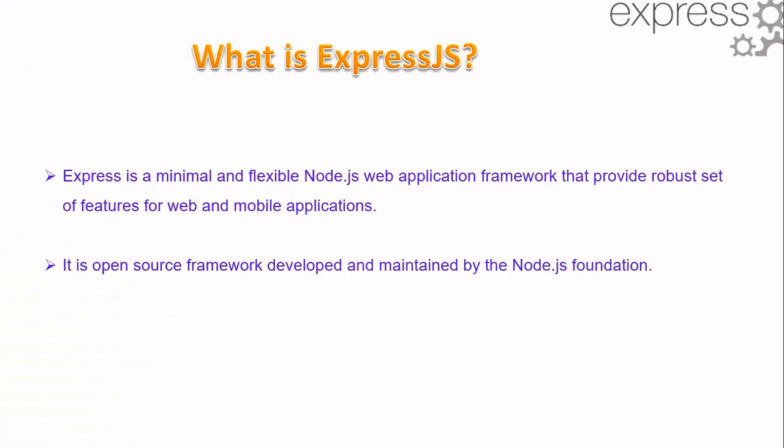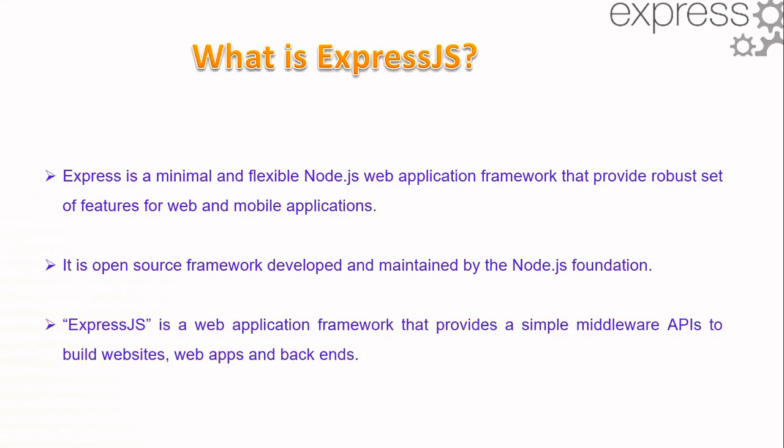It is an open source framework developed and maintained by the Node.js Foundation. Express.js is a web application framework that provides simple middleware APIs to build websites, web apps, and backends. With Express.js, we need not worry about protocols, processes, and so on.